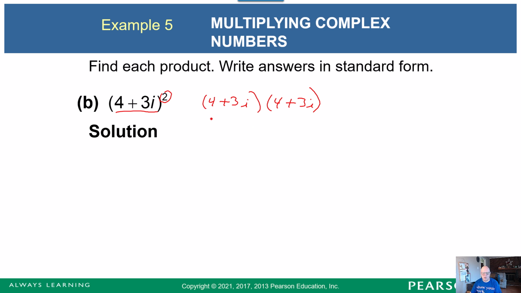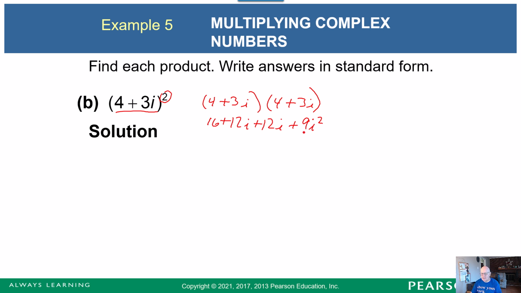So 4 times 4 is 16. 4 times 3i is 12i. And 3i times 4, another 12i. That should look familiar because we're squaring a binomial in a way. And 3i times 3i is 9i squared.